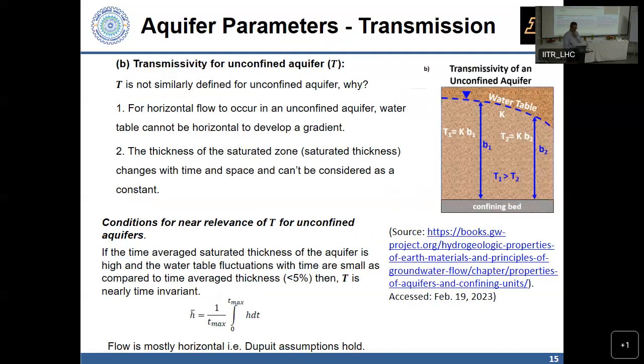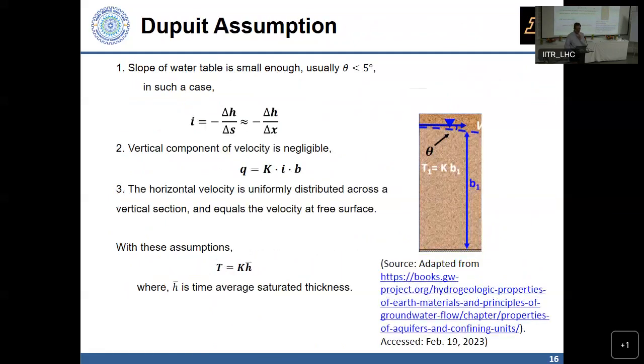Okay. If we assume mostly horizontal flow, which requires us to make something called the Dupuit assumption, then of course we are able to replicate to some extent what we see in a confined aquifer, this idea of transmissivity for unconfined aquifers. The Dupuit assumption essentially says that for water to move in an unconfined aquifer, the water table height has to keep changing.